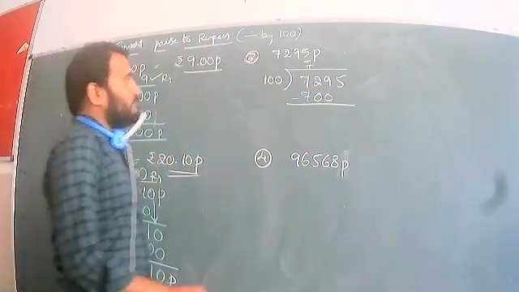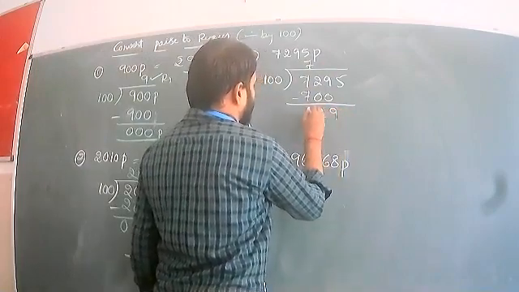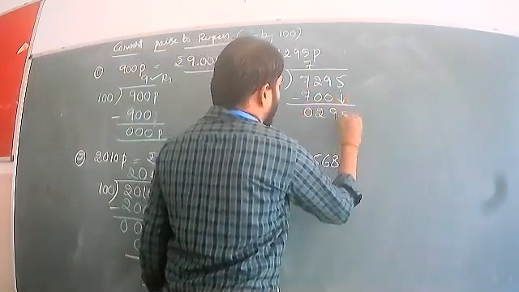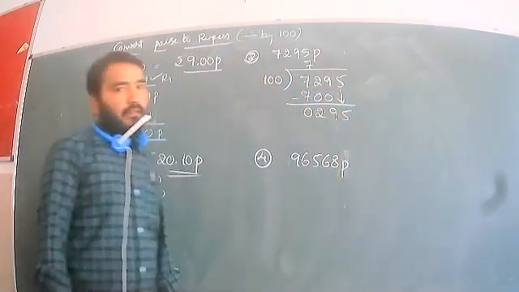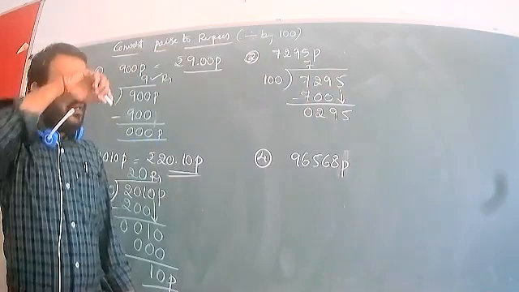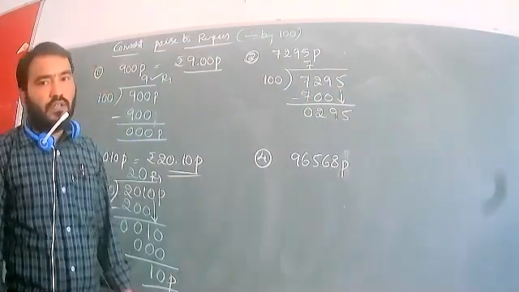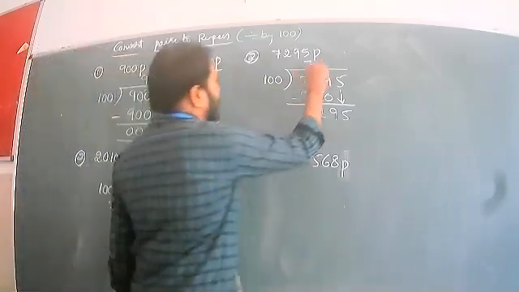Subtract: 9 less 0 is 9, 2 less 0 is 2, 7 less 7 is 0. Now bring down 5. Now 295: the nearest is 100 times 2, 200, since 300 is bigger.